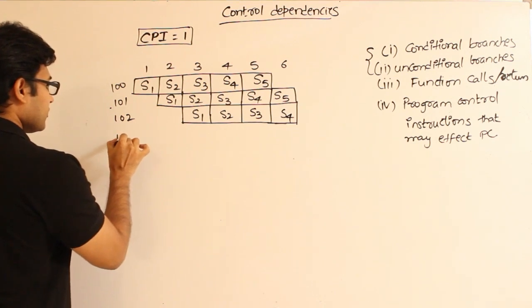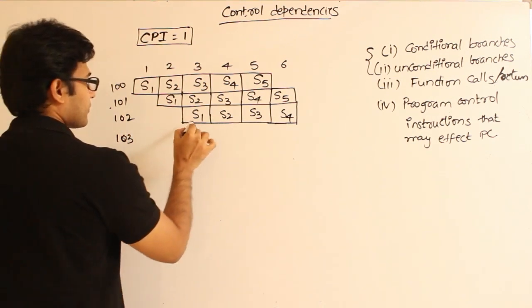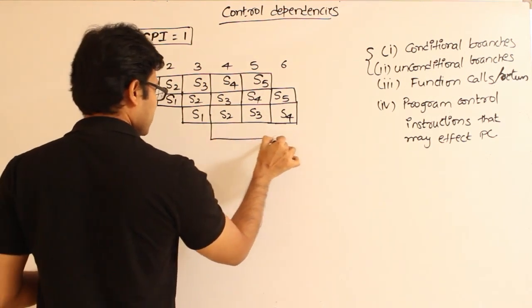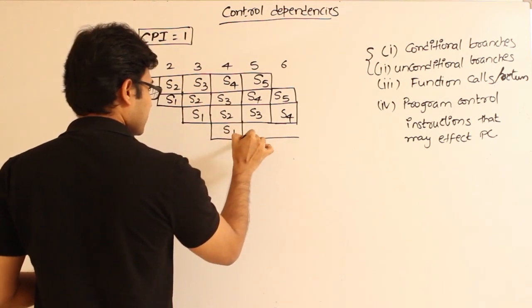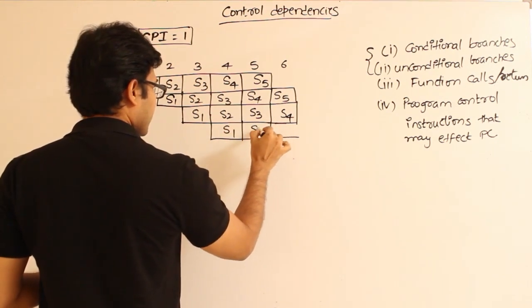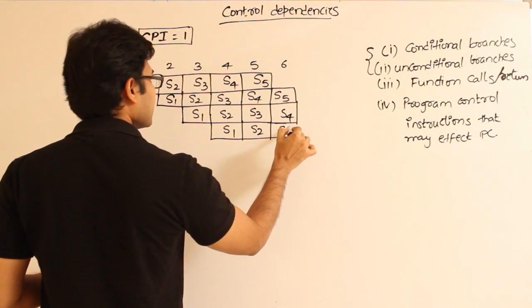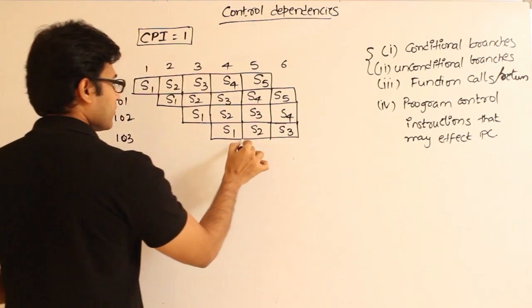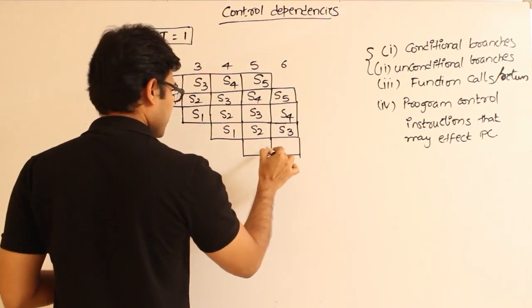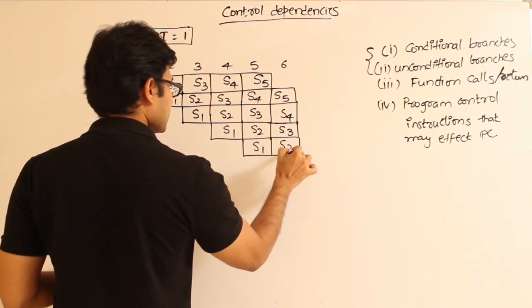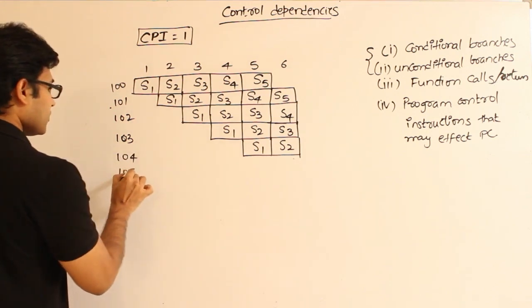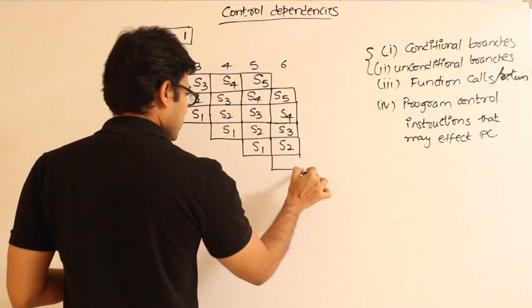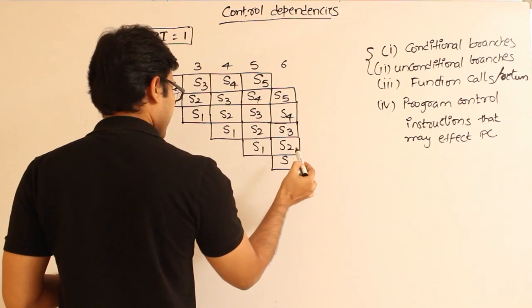And then 103 will be fetched. It will also start executing. It will finish S1, S2, and then S3, and then the 104 instruction will also be fetched, and it will also be in the pipeline under processing, S1, S2, and then 105 will also be fetched. It will also start processing, right?